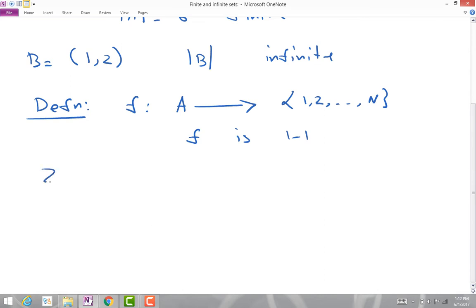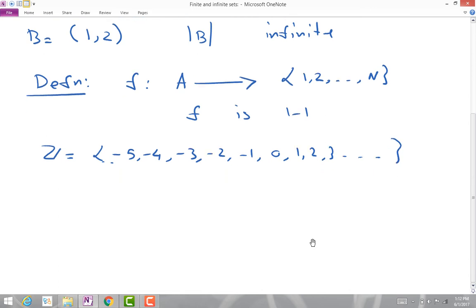Now if I take the set of integers, these are the whole numbers. So we have -5, -4, and it'll continue, it'll go back to -6, -7. So these are whole numbers. Now what is the cardinality of this set?